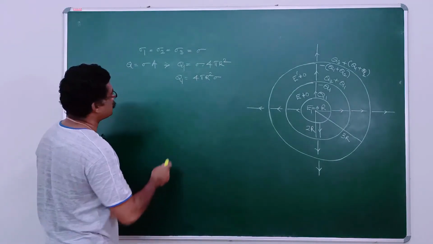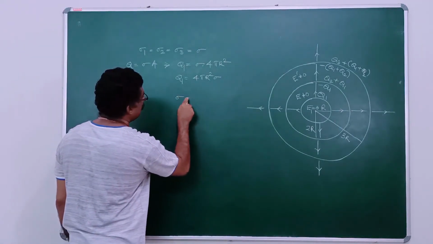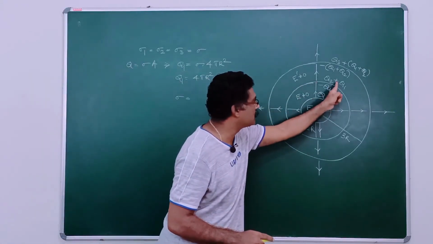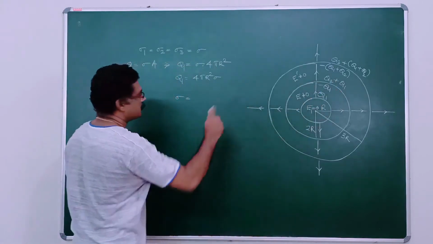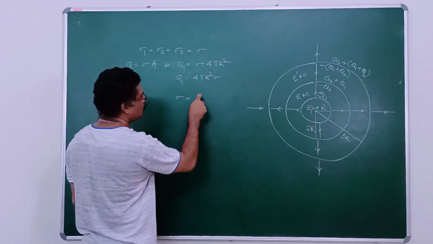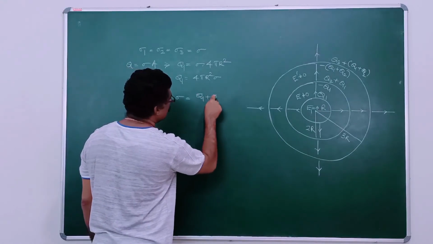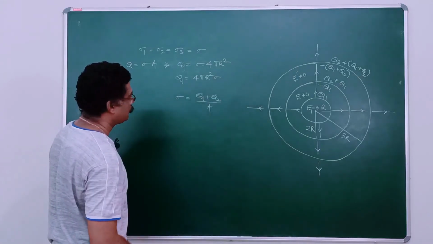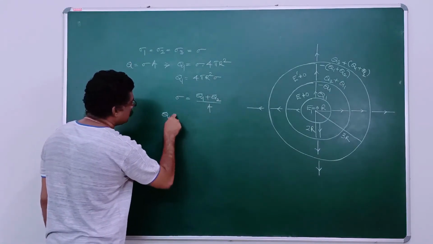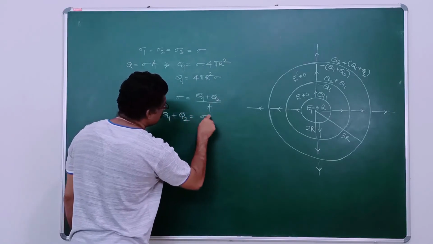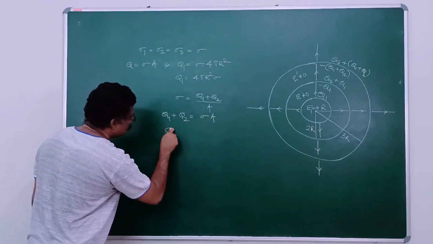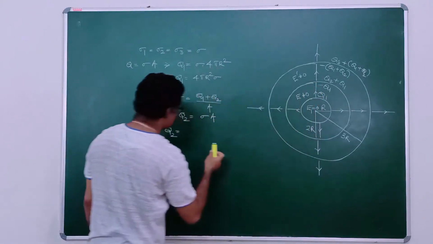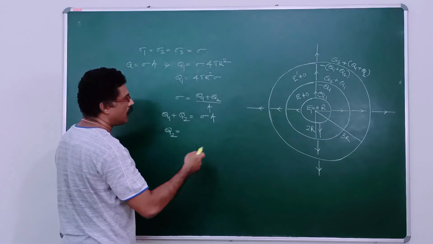For the second shell also, the surface charge density is sigma. So sigma is equal to Q by A. But on the outer surface of the second shell, the charge is not Q2, actually it is Q1 plus Q2. So Q1 plus Q2 is equal to sigma into A. That is, Q2 is equal to sigma A minus Q1. The radius of this one is 2R, so the area is 4 pi into 2R whole square.